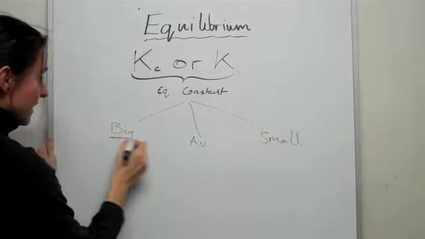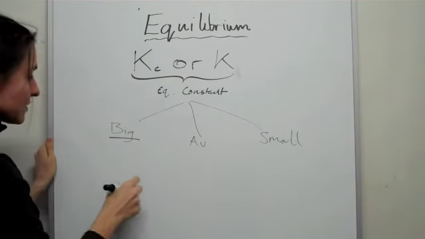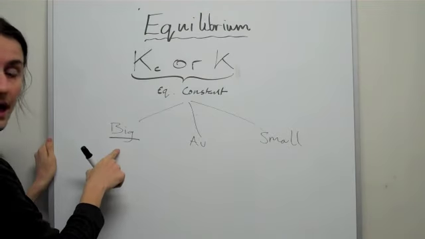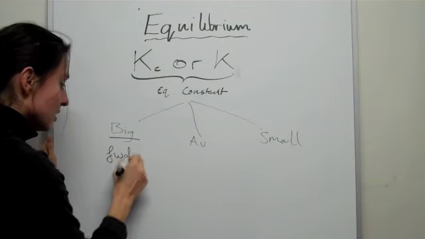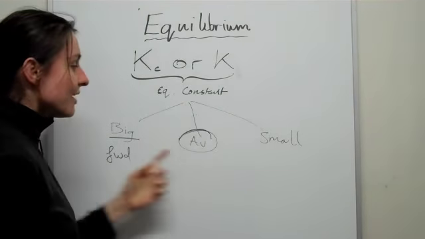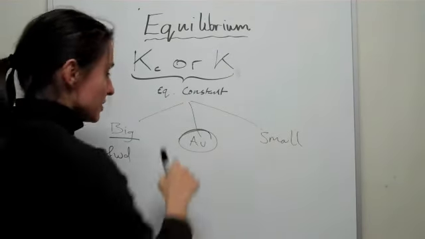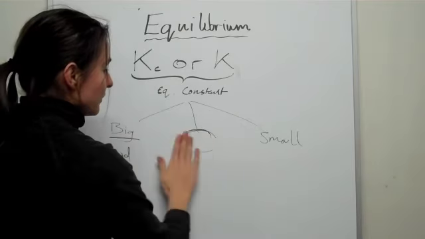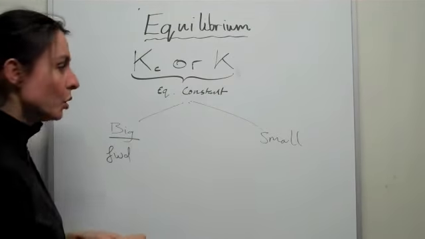In the case where K value is big, that means because it's products divided by reactants, you have a lot of products and not a lot of reactants, so you're going forward. If this is average, that's basically a value in between these two extremes, which we kind of ignore. We look at them from the perspective of either big or small.